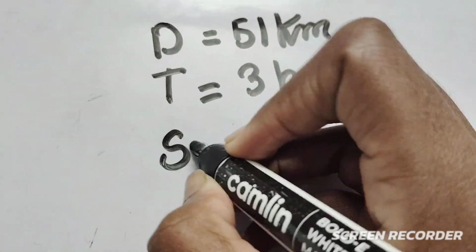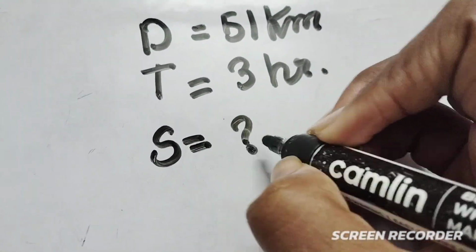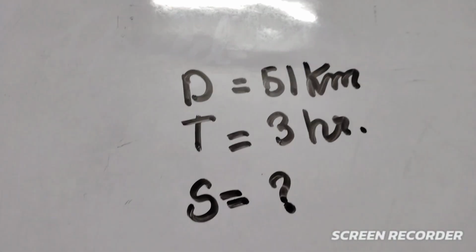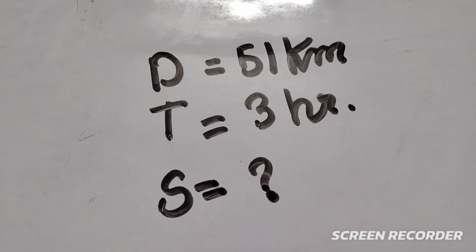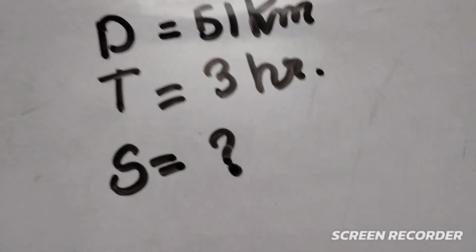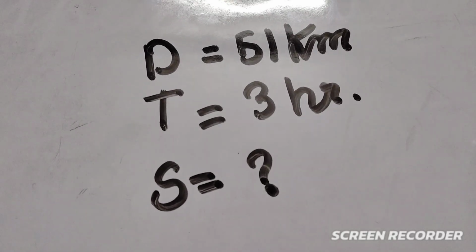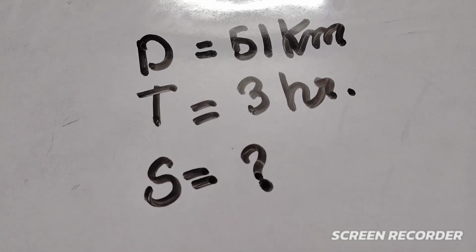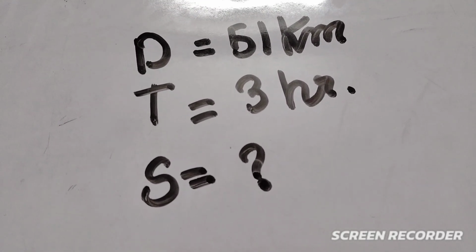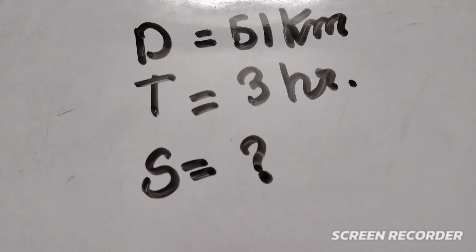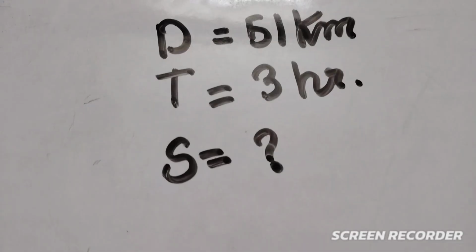Speed is not given, so we have distance and time, and from the notes we know that if we want to find the speed, we divide distance by time, meaning distance covered upon time taken.